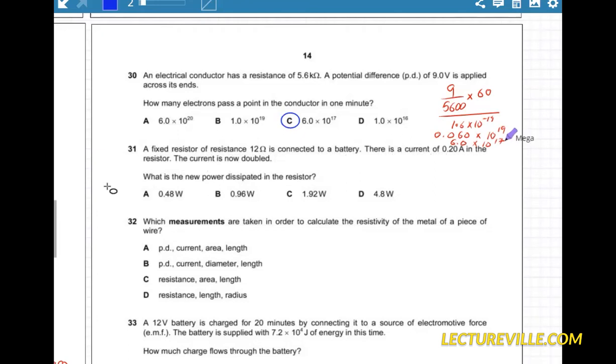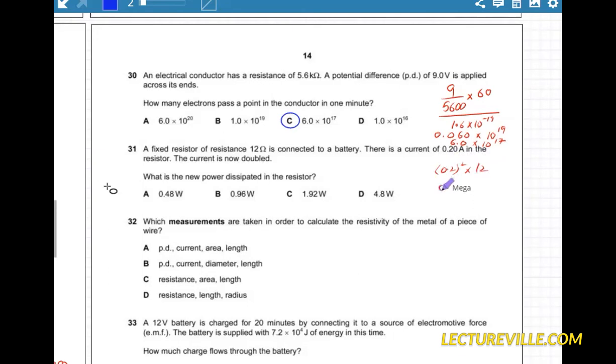The formula for power is I square R. If resistance is fixed, you double the current. The power should increase 4 times. And what is the power right now? It is 0.2 square into 12.